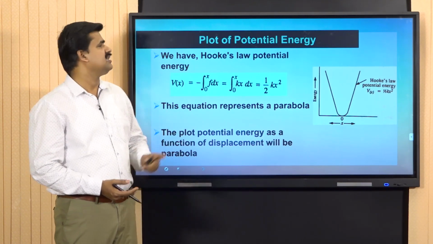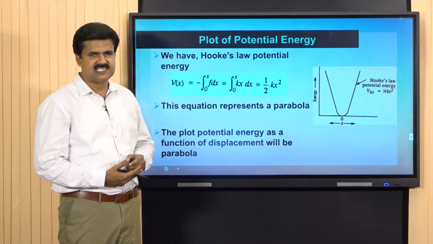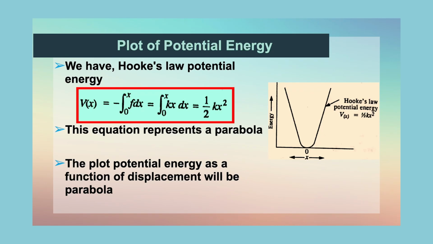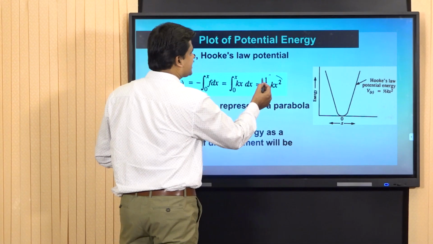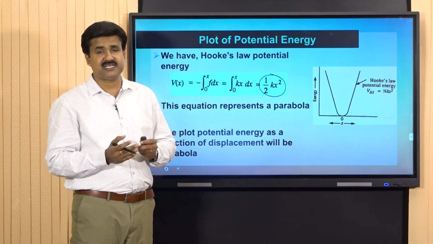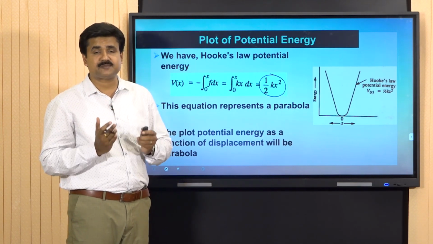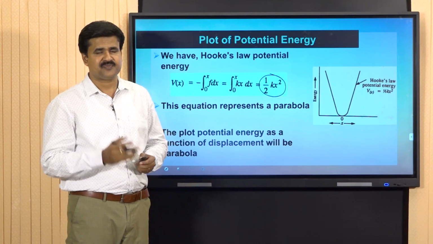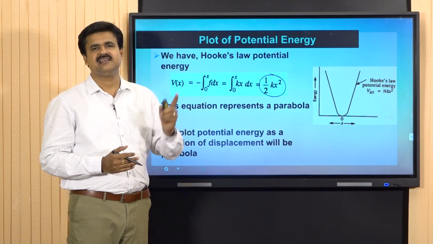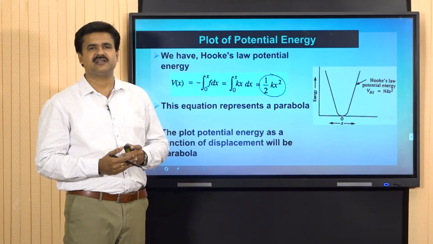We have the Hooke's law potential energy V(x) equal to half Kx square. It should be noted that this expression, half Kx square, depicts the mathematical expression of a parabola. Hence, if we plot V(x), we will get a parabolic shaped curve.